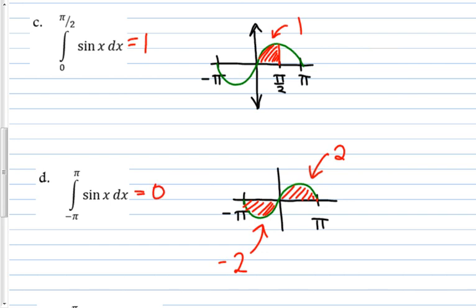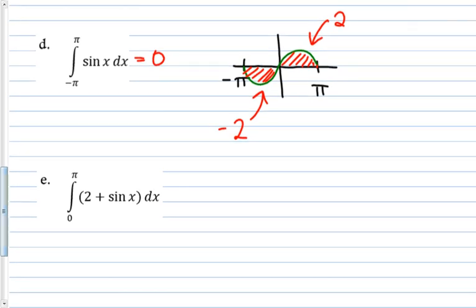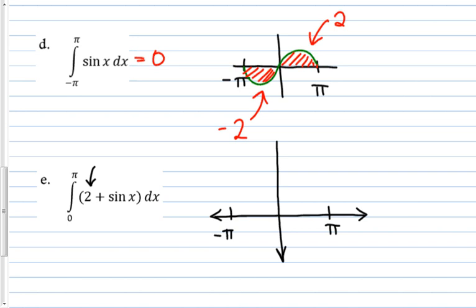All right, E. So I'm going from 0 to pi. Let's call this pi. But there's a shift. That 2 is telling me that I have to move up 2 spaces. So normally, sine would be located here.